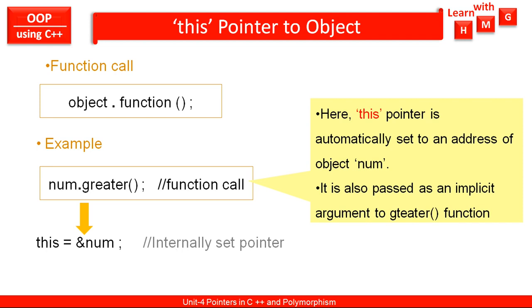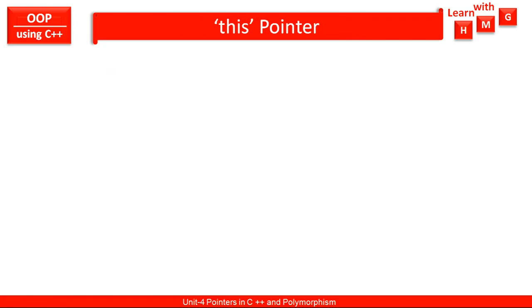It is not required to explicitly initialize this pointer like this. This is only for your understanding, that is, whenever the num.greater function is called, internally this pointer is initialized with the address of the num object. So in this way this pointer is set to the calling object.